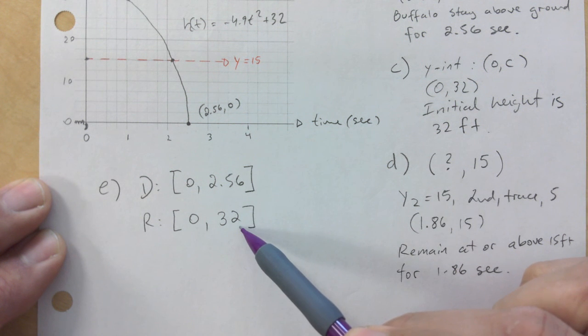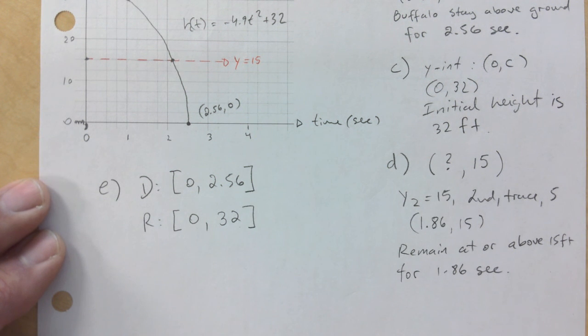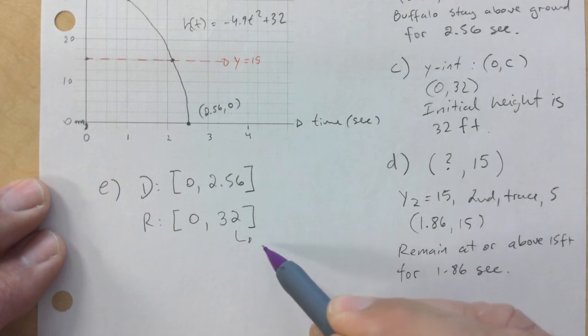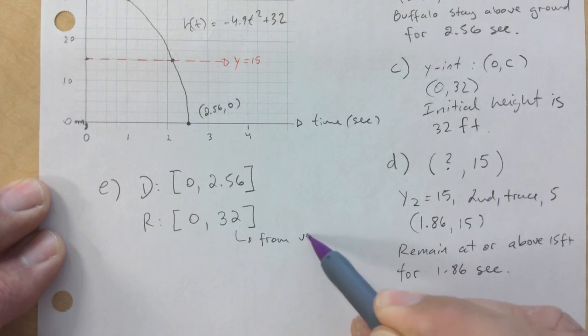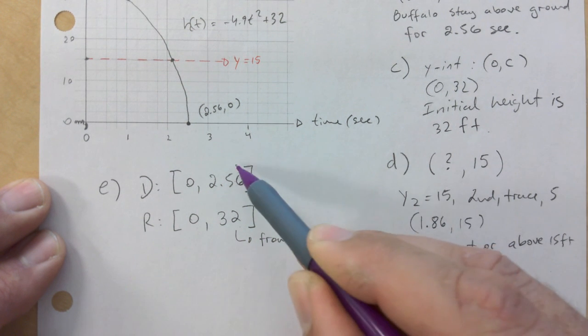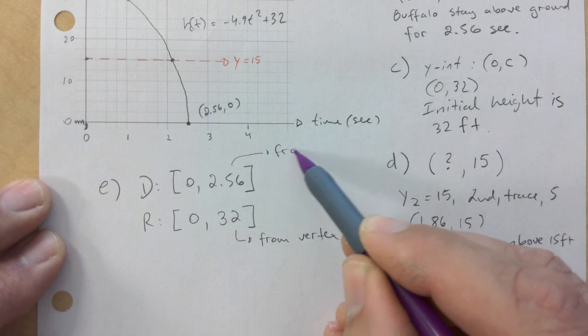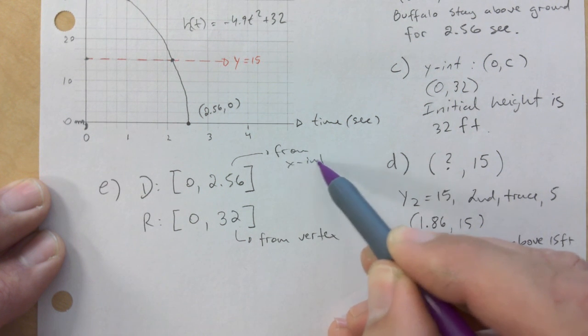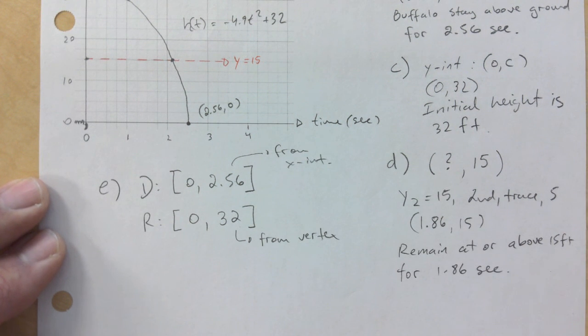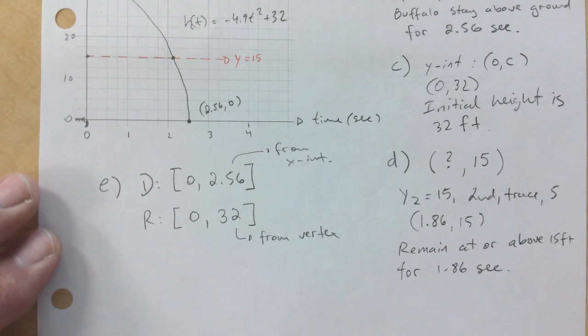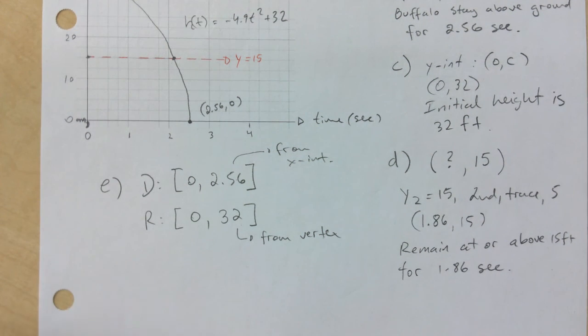The range is from the vertex, which happens to be the y-intercept as well. So this is from the vertex, and this is from the x-intercept. Okay. So that answers everything here.